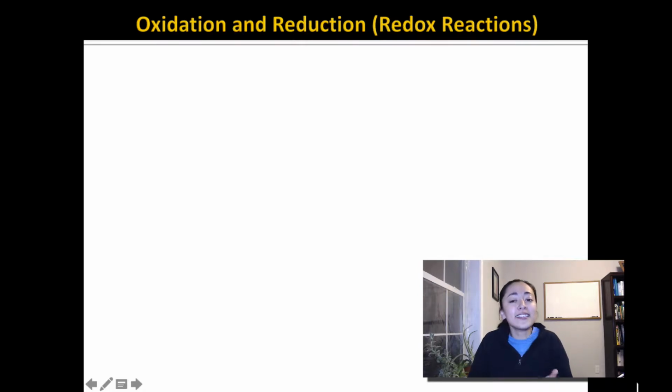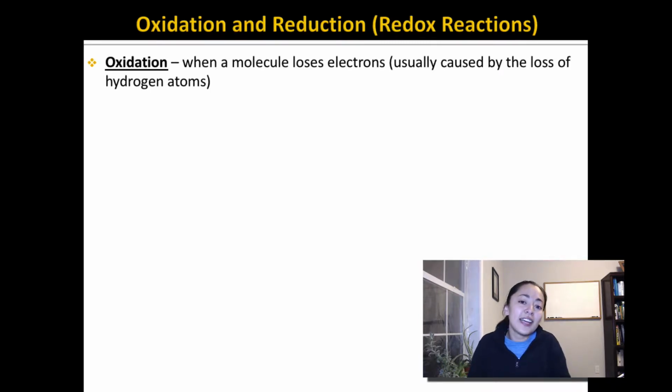Well, the reactants in a chemical reaction can either be oxidized or reduced. We say a molecule is being oxidized when it loses electrons. How can you tell if a molecule has lost electrons? Usually, a molecule loses electrons by losing hydrogen atoms.